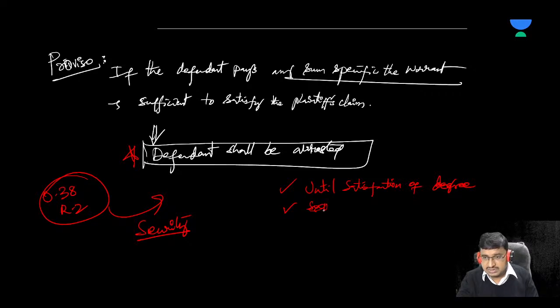This one, friends, the sufficient amount. Therefore, until the satisfaction of the decree, whenever the court requires his appearance, the surety must produce the defendant before the court of law. That is a second one, friends.